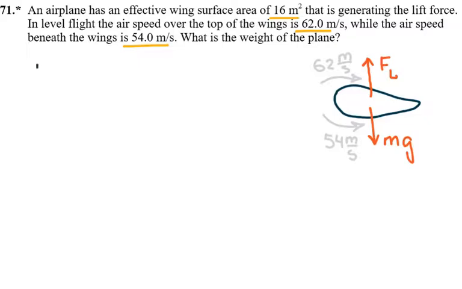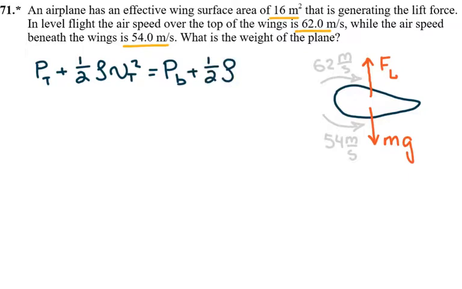So I'm going to say P1, or P top, plus 1/2 the density, velocity on the top squared, is equal to P bottom plus 1/2 the density of the air and the velocity at the bottom squared. And the density of the air, we just did in the previous question, air is 1.29 kilogram per meter cubic.